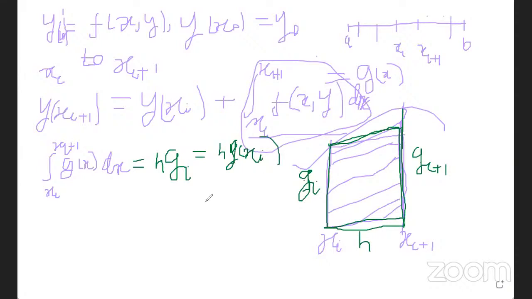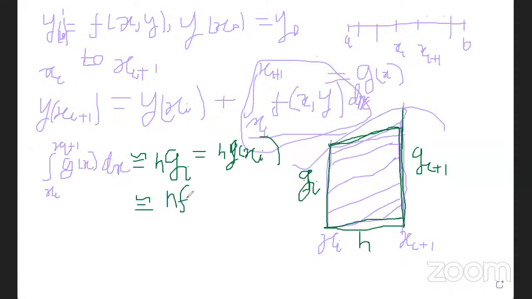This thing is clear. And what is g at xi? g at xi is y prime at xi. But this is not exactly equal, it is approximately equal, because now we made the approximation. So this is approximately h times fi.